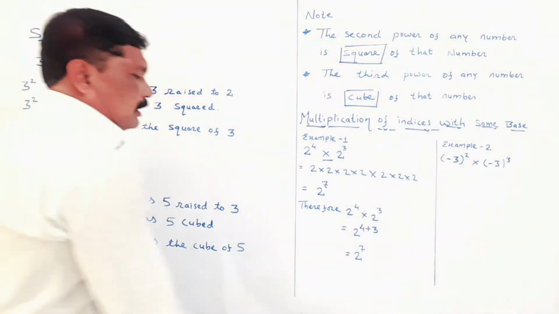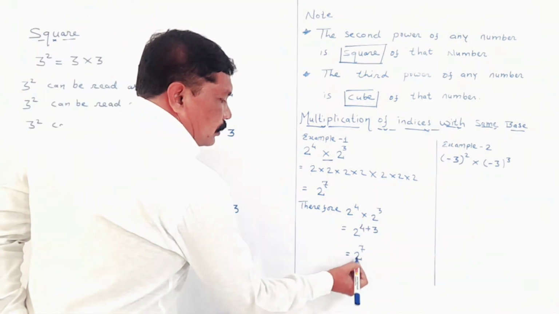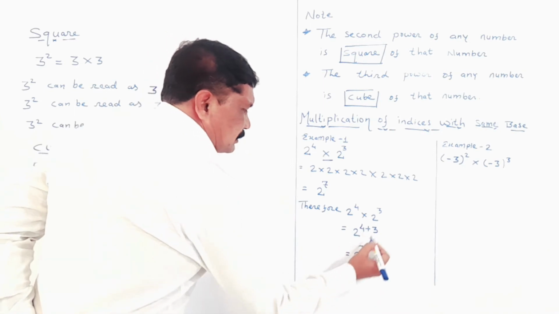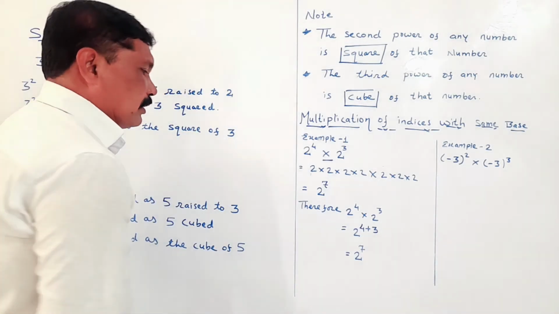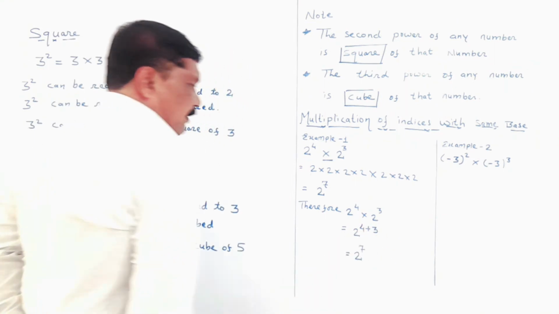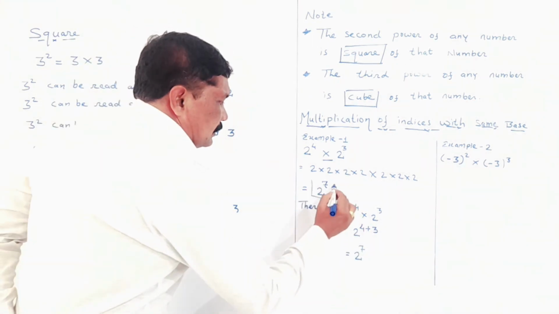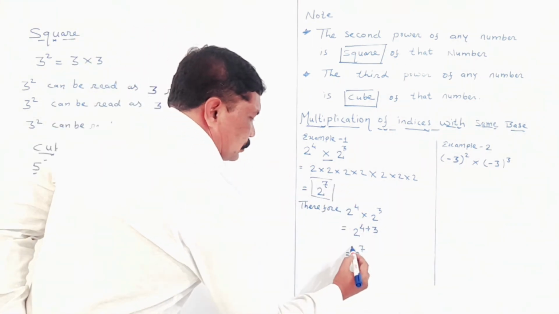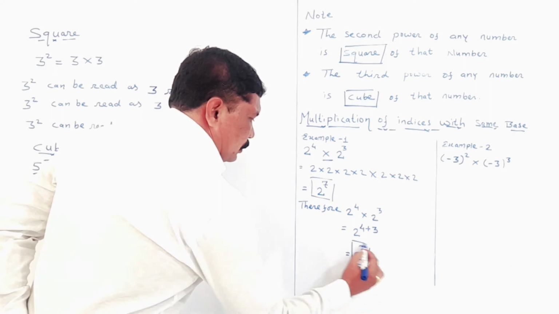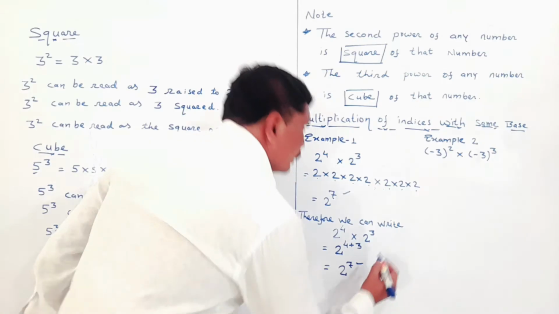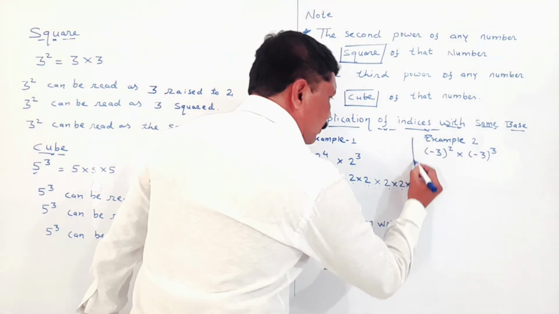So we get the answer 2, and 4 plus 3 is 7. So we get the answer 2 raised to 7, and here also we got the same answer, that is 2 raised to 7.